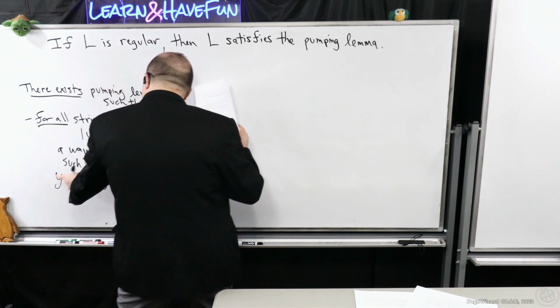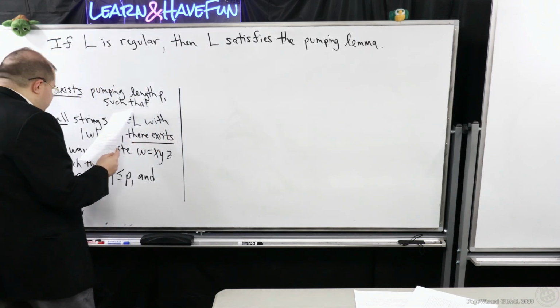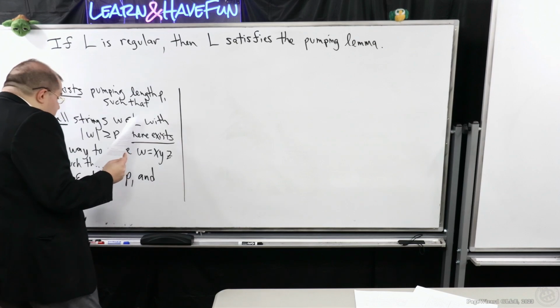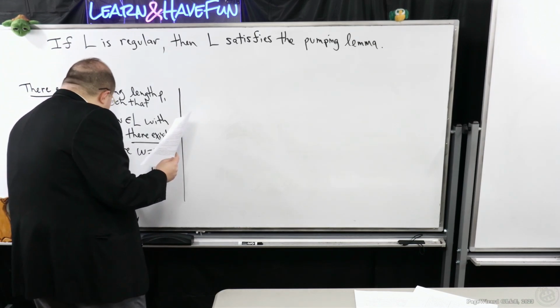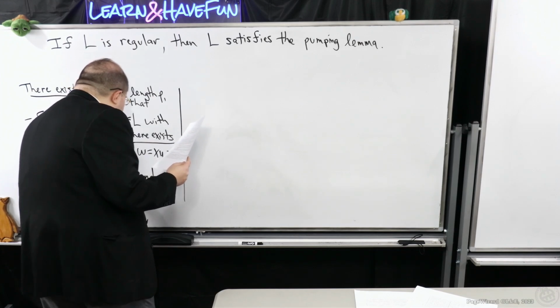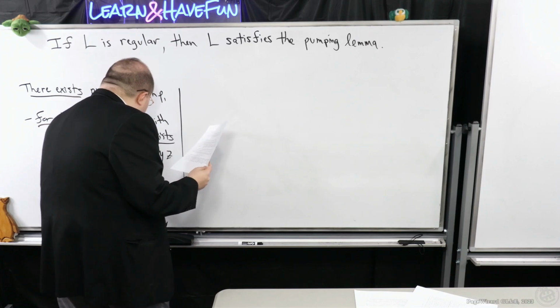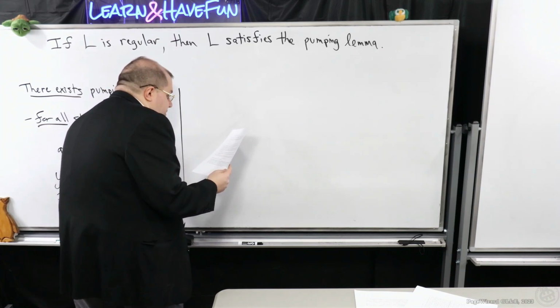These two I'm just going to lump together because it's easy enough to pair them up like this. And for all k greater than or equal to 0, the string x y to the k z is in the language.